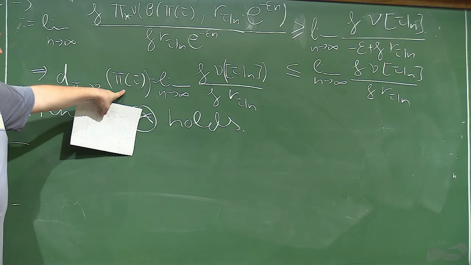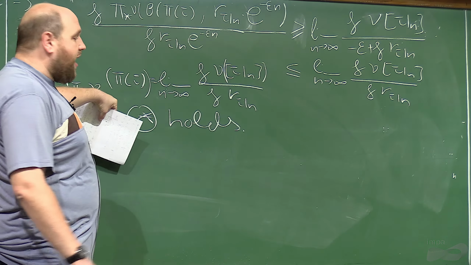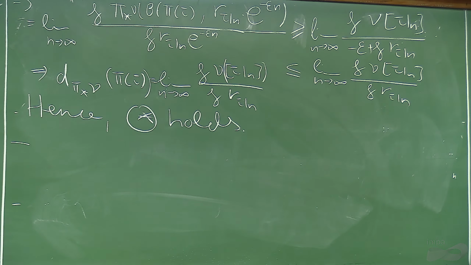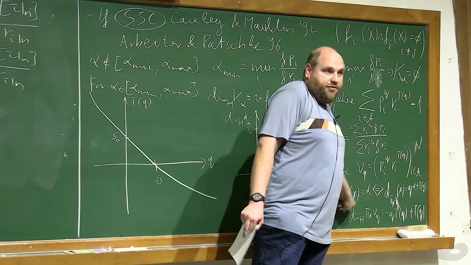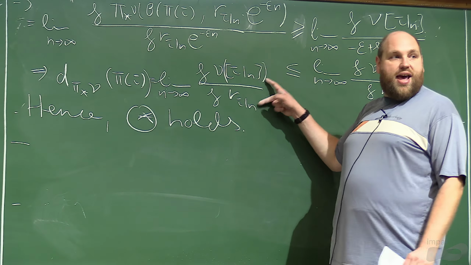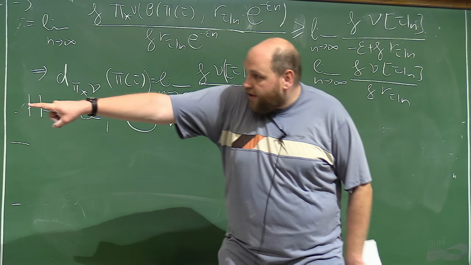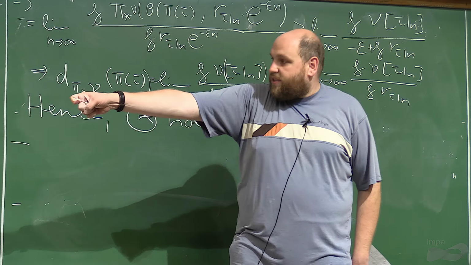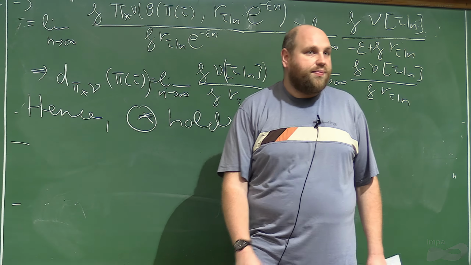Because then I will choose my nu measure to be my mu measure here. And it really follows that my local dimension with respect to mu equals some pre-given value alpha if and only if my local dimension with respect to mu lifted to the symbolic space is that value.